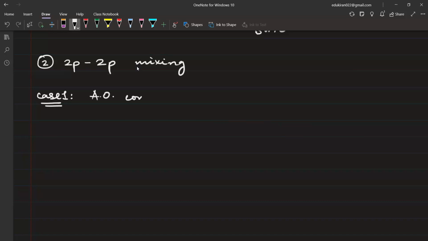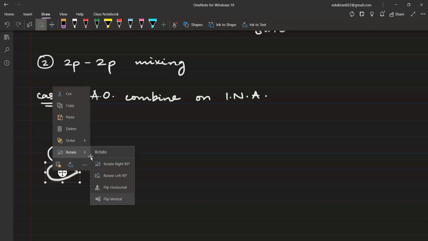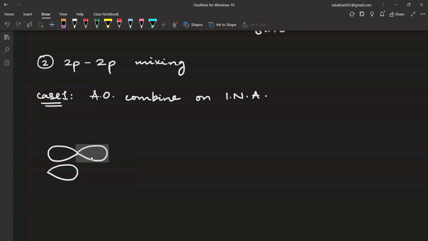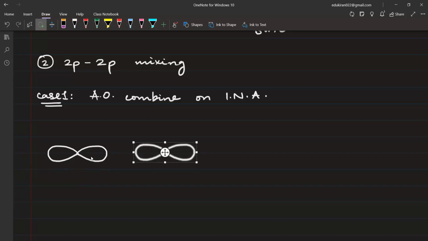Atomic orbitals combine on internuclear axis. So let me make the 2p. One, and here we have 2.